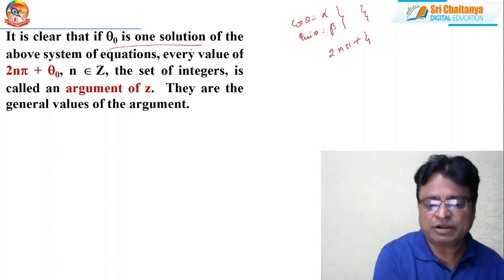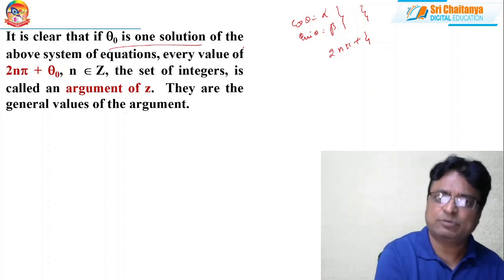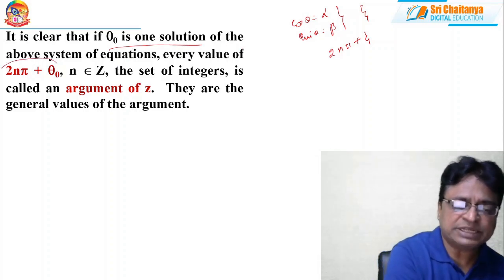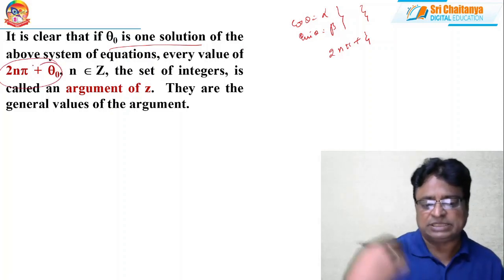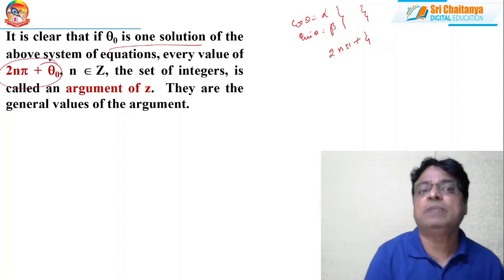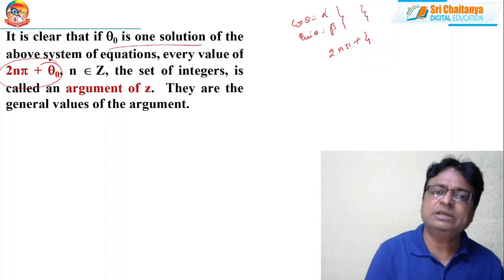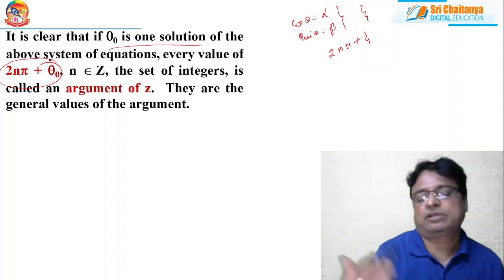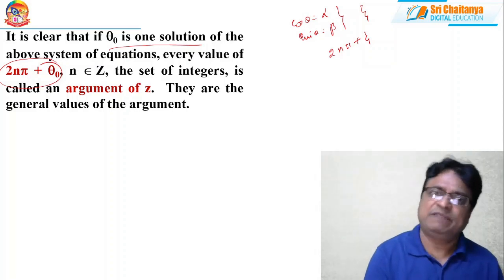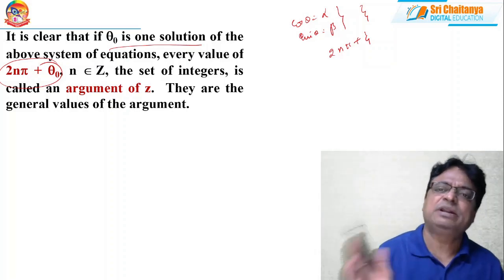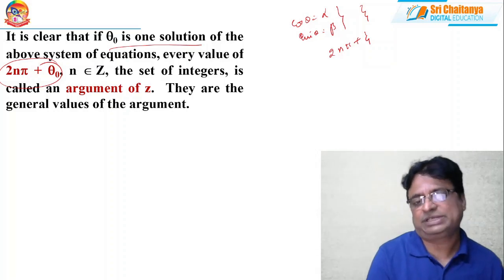So if theta naught is one solution for the above system, then 2n pi plus theta naught indicates what? The general solution. This is called the argument of the complex number. So for every complex number, there exist infinitely many arguments.